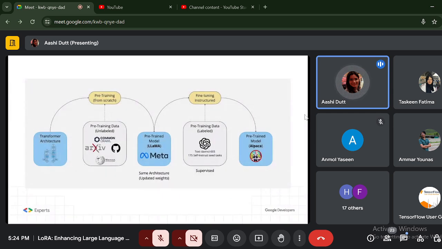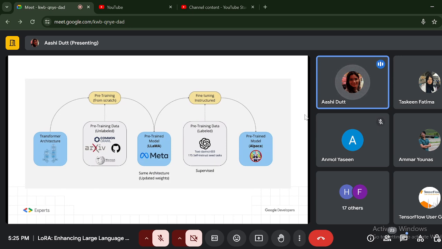Here you can see how this works. First is the basic transformer architecture, that is the backbone of an LLM. Then you train it, that is the pre-training stage. You pass it all the data available. Here they have arXiv data, data from GitHub, Wikipedia, that is all unlabeled data. So you're just passing it and training the model, that is pre-training.